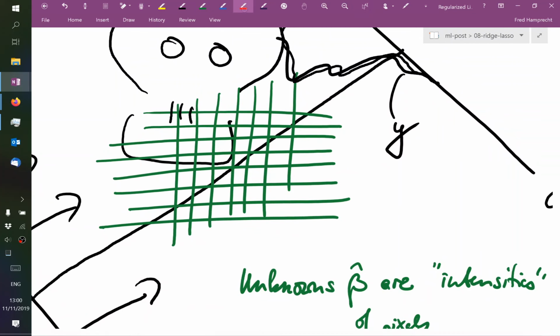So I can see that, for example, this pixel here had that much of an interaction with my X-ray. This pixel here has zero interaction with my X-ray, because the X-ray didn't go through it at all. This pixel here has a larger interaction with my X-ray, because the X-ray passed longer through that pixel.